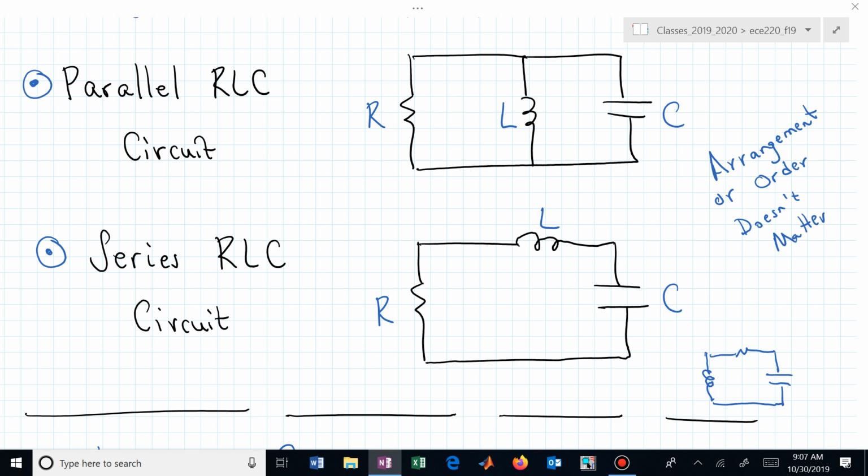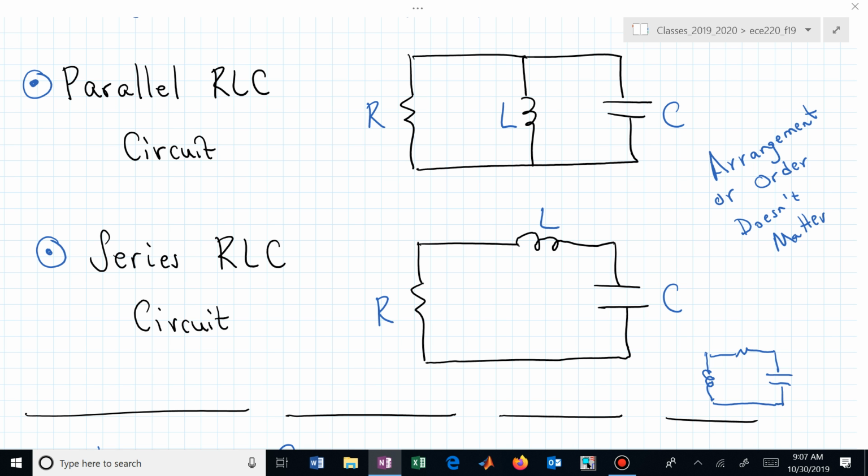As long as you have those three in parallel, you're going to have the same dynamical behavior, as long as you preserve the same values. If you change values, then you have different dynamical behavior, but it will be the same no matter how you shuffle their location. Is that clear?